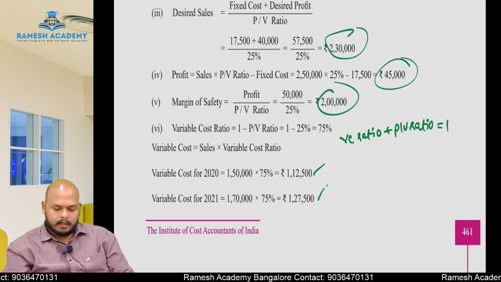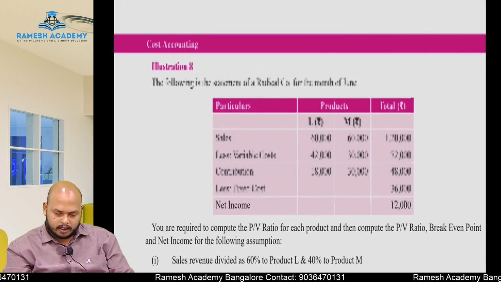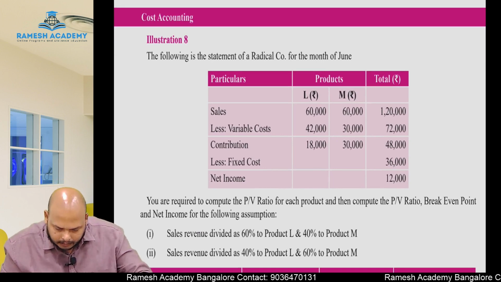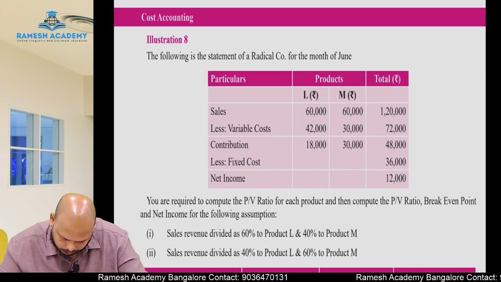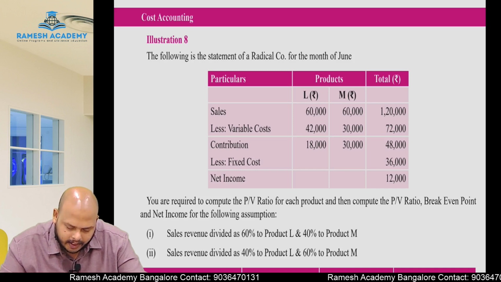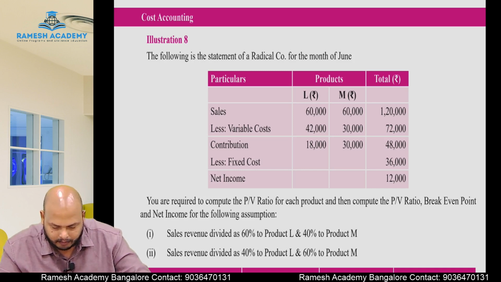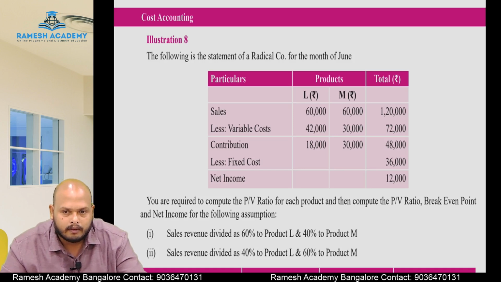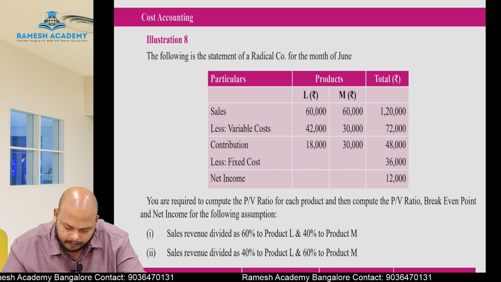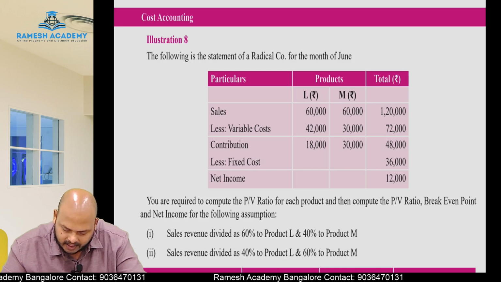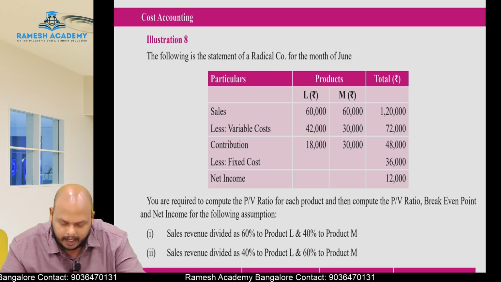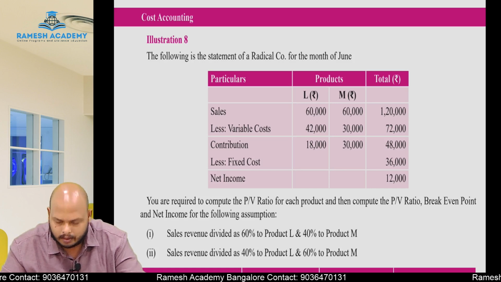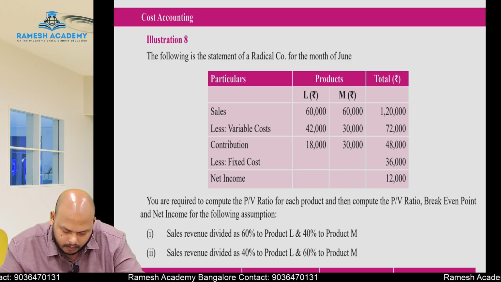Next, let us move on to illustration number 8. The following is the statement of Radical Company for the month of June. They give sales, product L, product M. How much did they give? 60,000, 60,000. Total is 1,20,000.